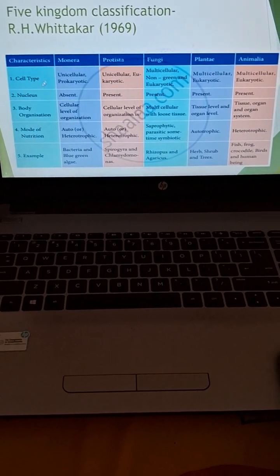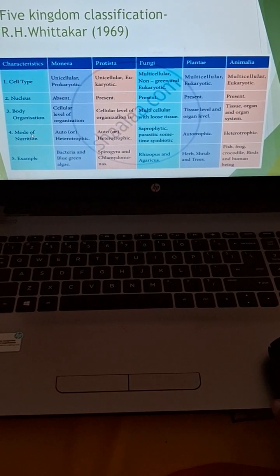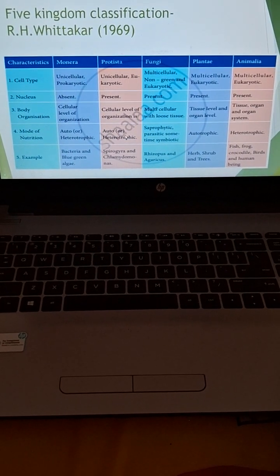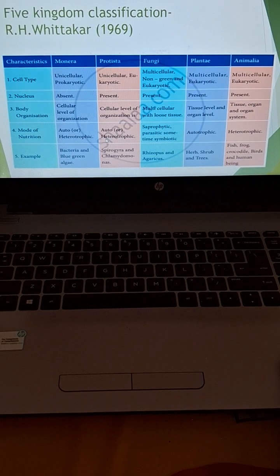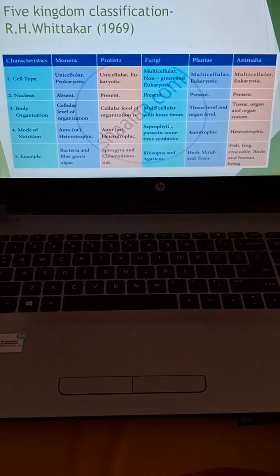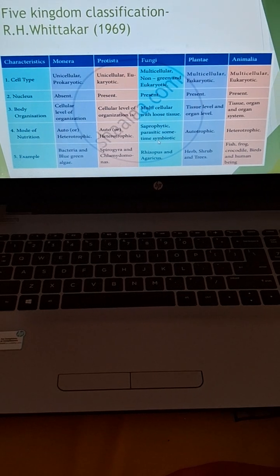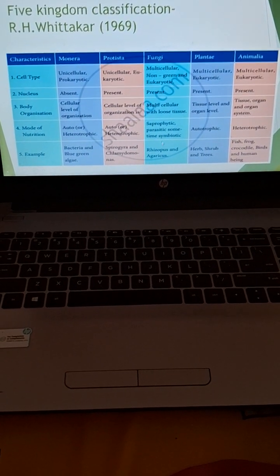Next, mode of nutrition. Mode of nutrition, autotrophic or heterotrophic. Here Protista are also autotrophic or heterotrophic. Fungi usually are saprophytic, parasitic and sometimes symbiotic.